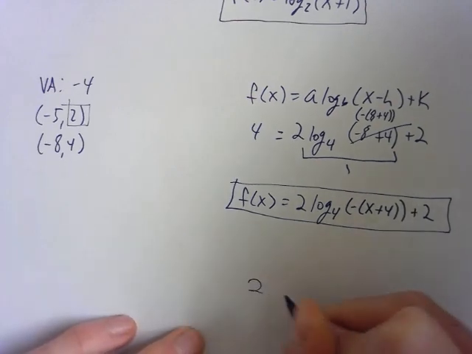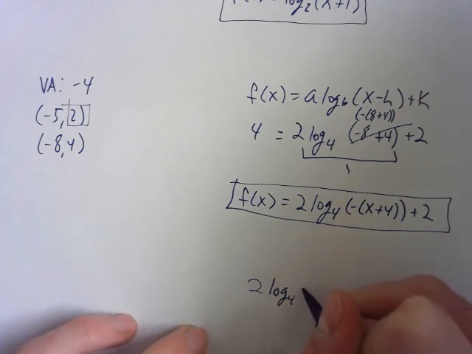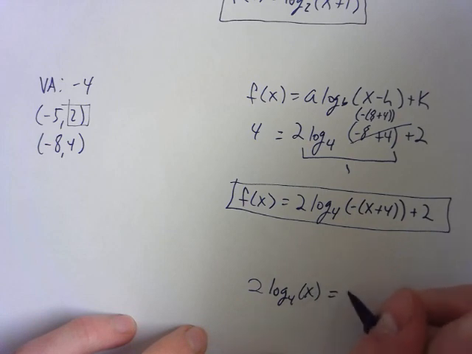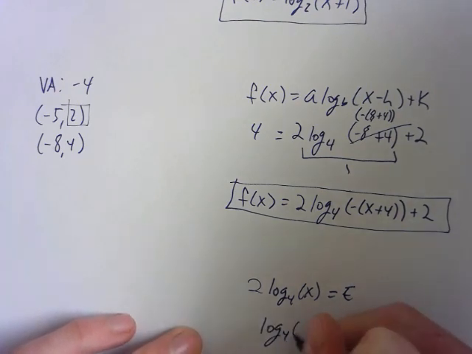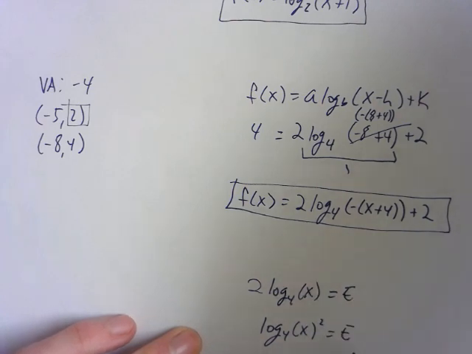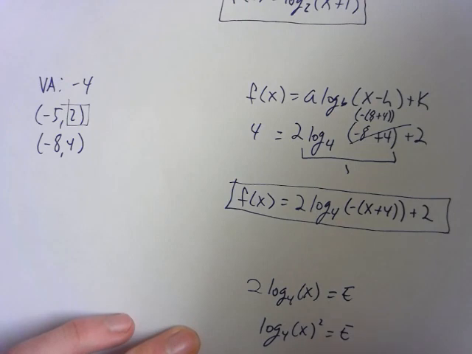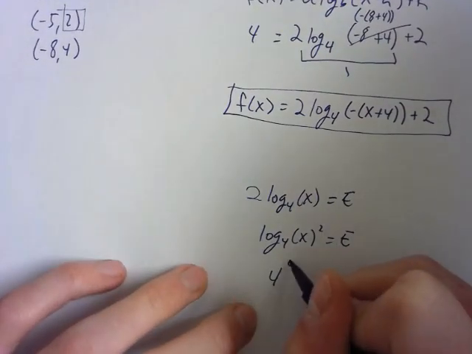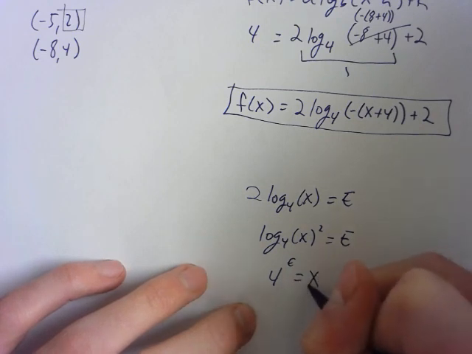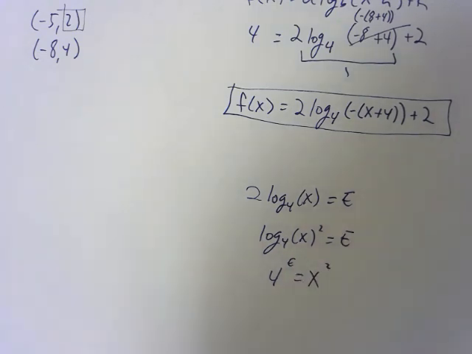If I have 2 log 4 of x, and let's say that equals e, my exponent, I can say that this is the same thing as log base 4 of x squared equals e. And if we remember, this is my base, so I have 4 to the e equals x squared.